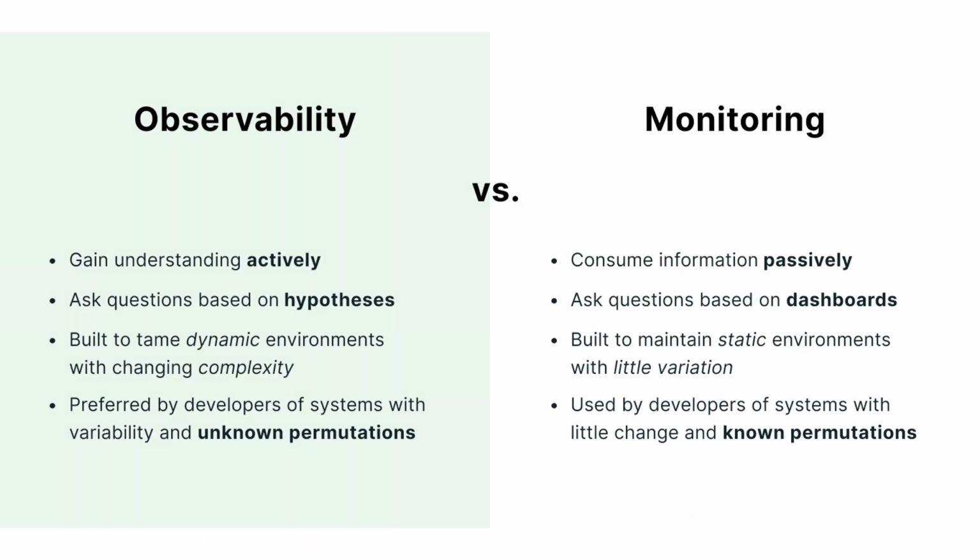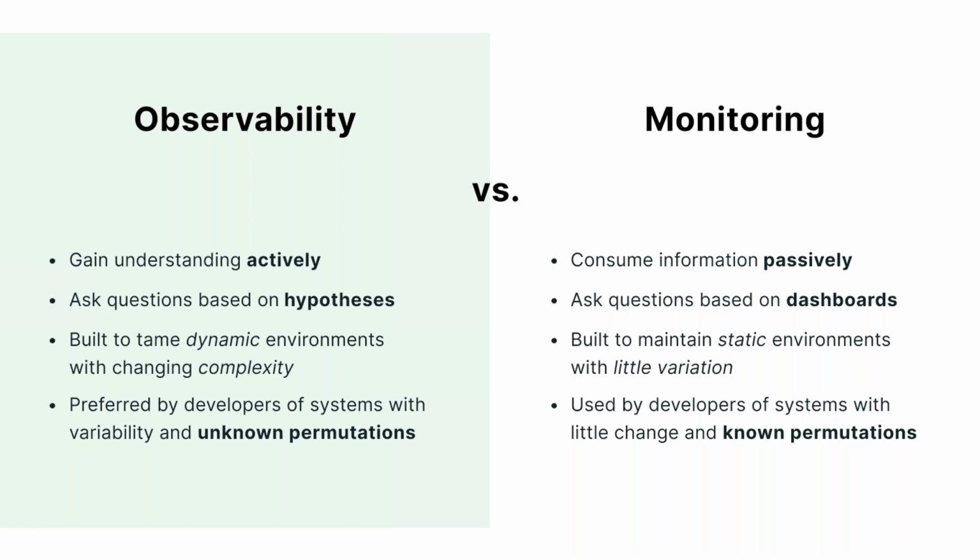So to summarize, observability gains understanding actively, whereas monitoring consumes information passively. Observability asks questions based on a hypothesis, whereas monitoring asks questions based on the dashboard. Observability is built to tame dynamic environments with changing complexity. A dynamic environment means things like Kubernetes and Docker, which keep changing. You don't have a fixed environment. Ten pods disappear, and you get ten new pods in Kubernetes.